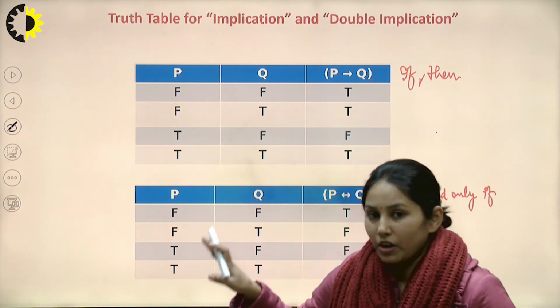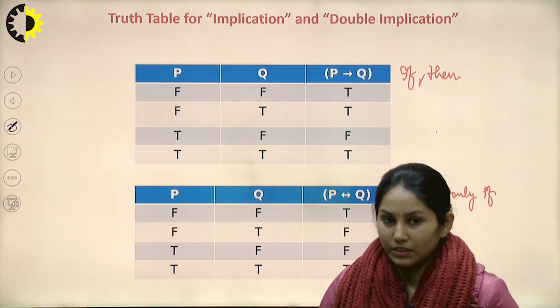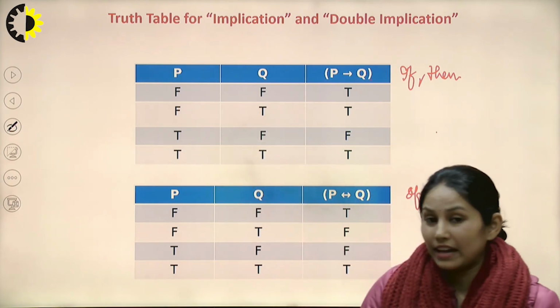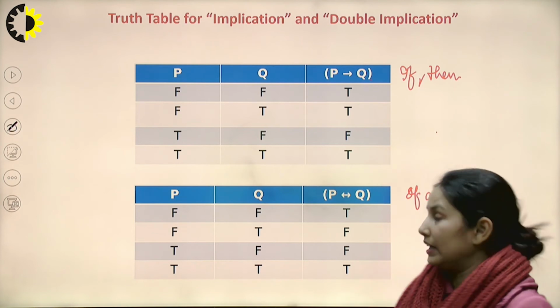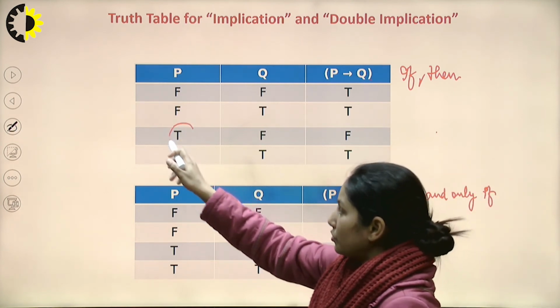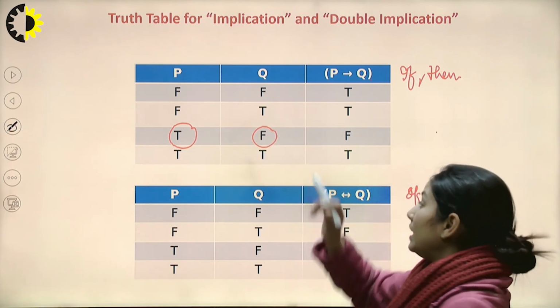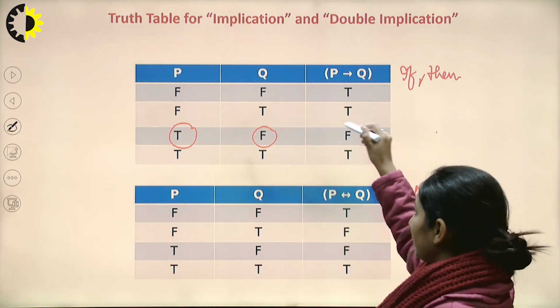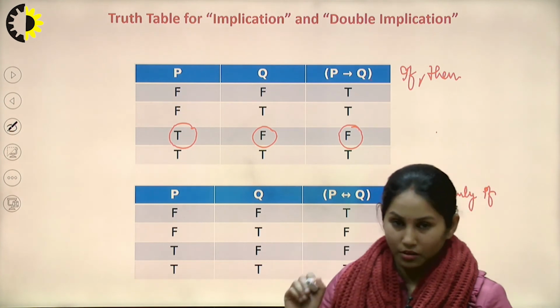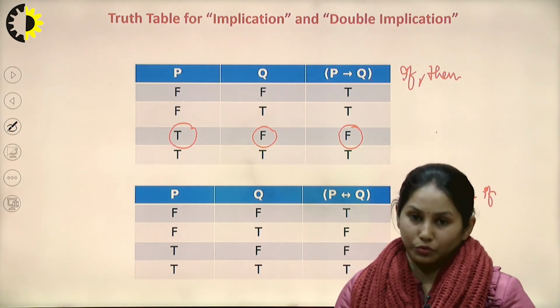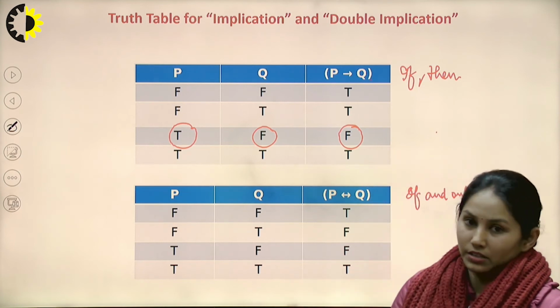In this truth table, for if-then, P implies Q. Whatever your possibilities, if you encounter TF, and that should be in this order only, true first and then false, then only will you have false in your output. Otherwise, all the possibilities have true as the conclusion.